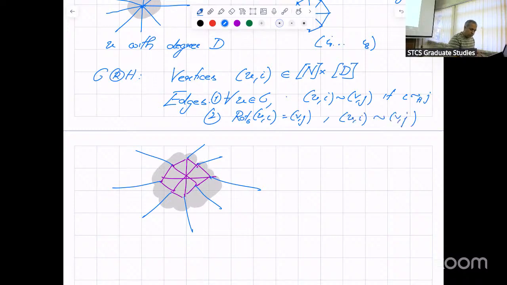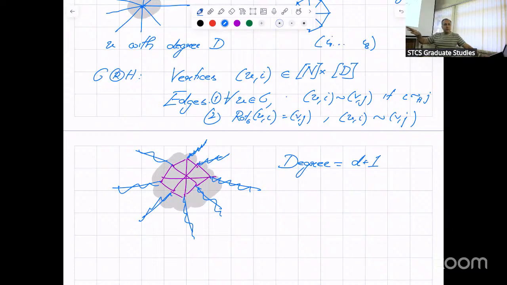So there are two types of edges: the intracloud edges and the intercloud edges. Notice the degree of this vertex will be exactly d plus 1. It's going to be the degree of H, plus this one extra outer edge that is going out.